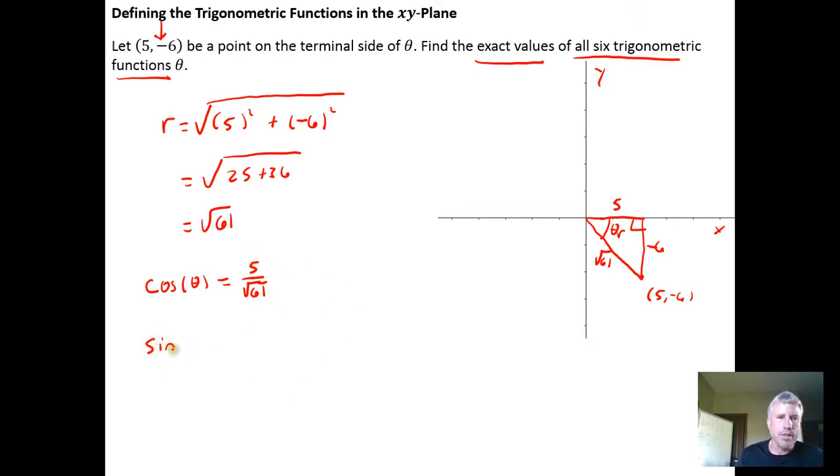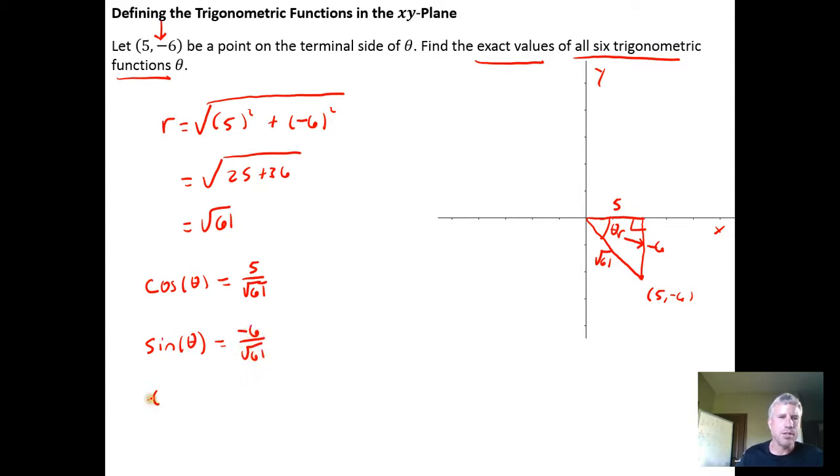We can find the sine of theta, which is defined to be y over r, the y-coordinate over the radius, or using our right triangle definition, it's the side opposite the reference angle over the radius or hypotenuse, so -6 over the square root of 61.